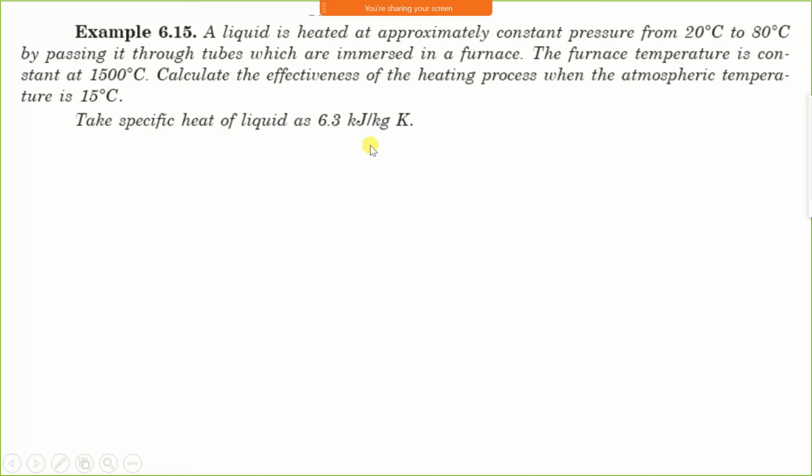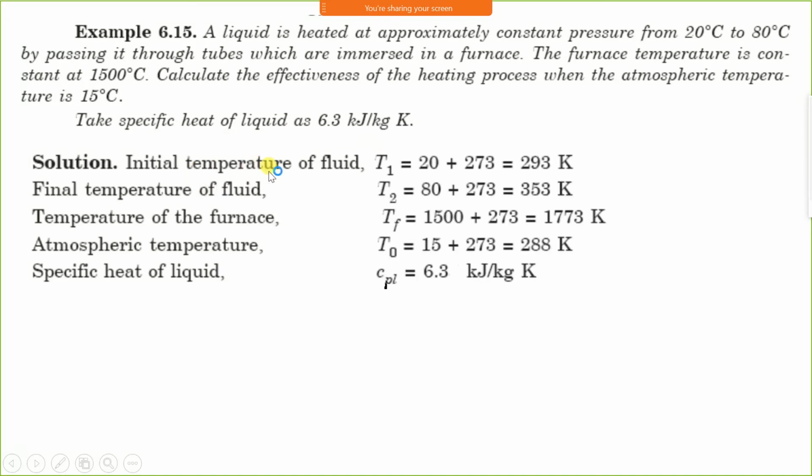Specific heat of liquid is given. Initial temperature of fluid, fluid means a liquid, is 20 degrees Celsius, that is 293 Kelvin. Final temperature of liquid 80 degrees Celsius, that is 353 Kelvin.